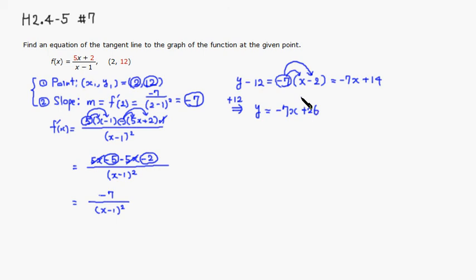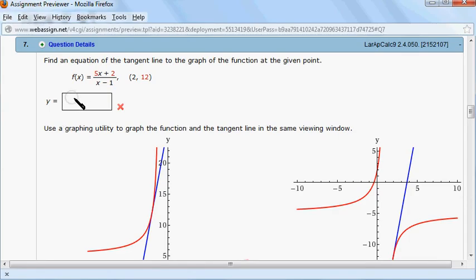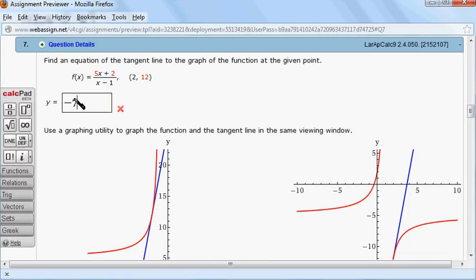So the equation of the tangent line is y equals negative 7x plus 26. So let's put that in: negative 7x plus 26.